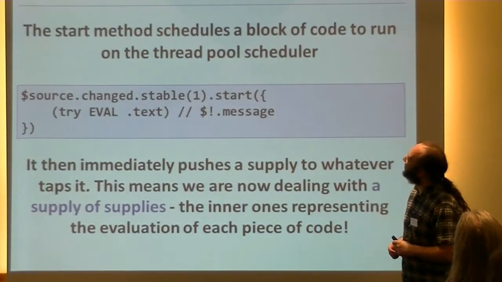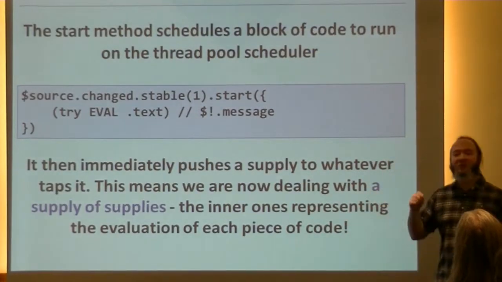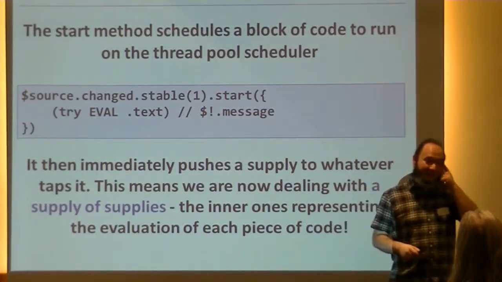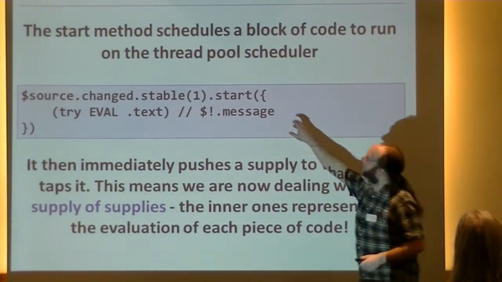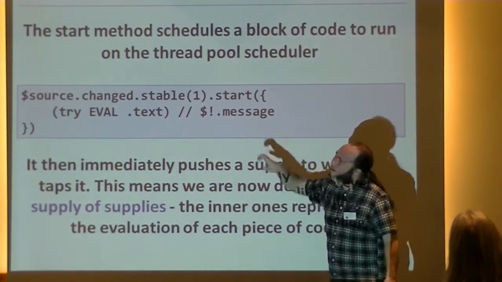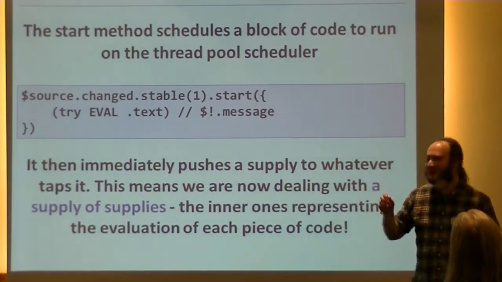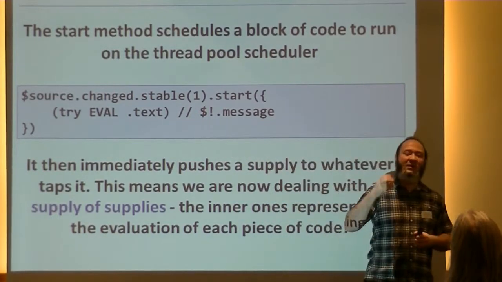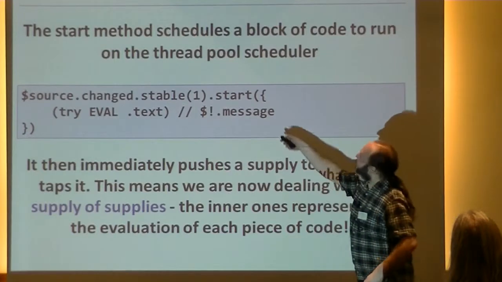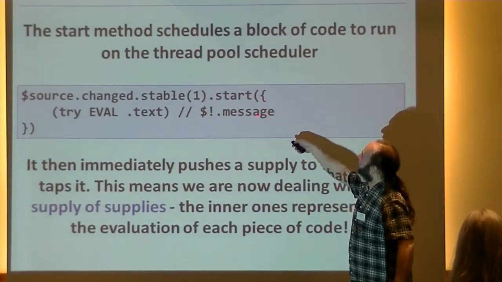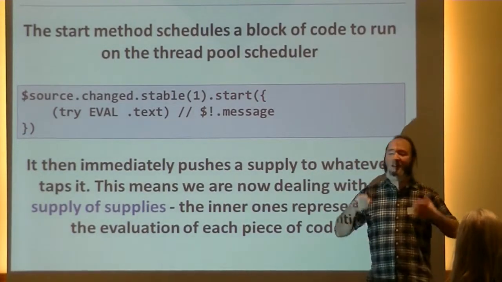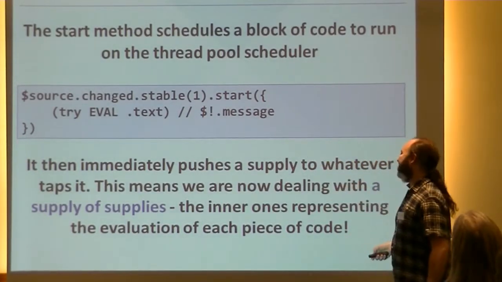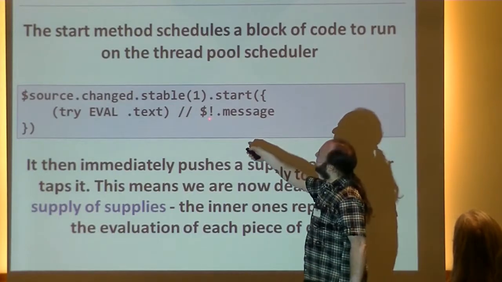So first of all, how do we run code on another thread? Well, you just say .start. What this does is, instead of running this block on whichever thread the event originated from, which is the user interface, it says, whenever a value arrives, just run something off in the background thread. And what does it give me?